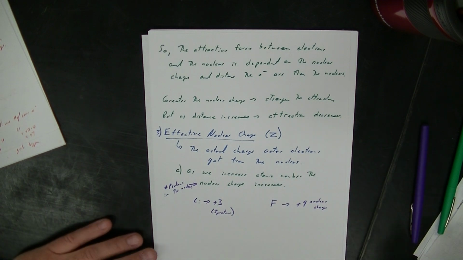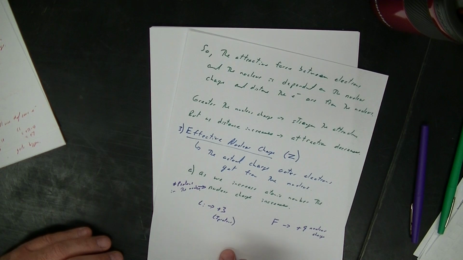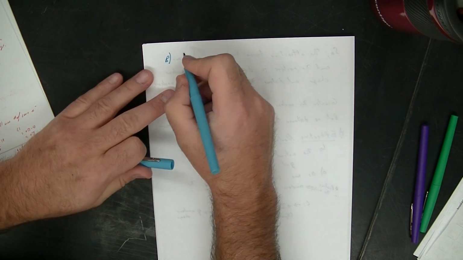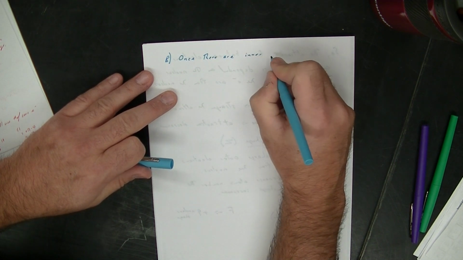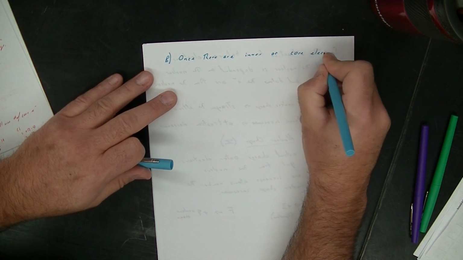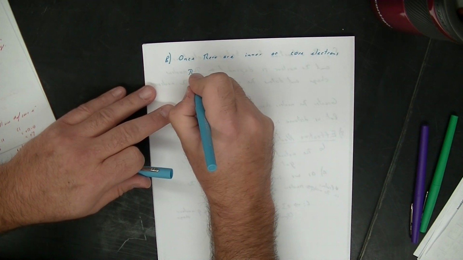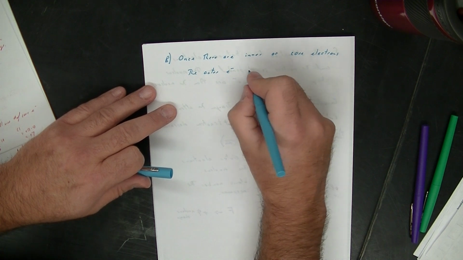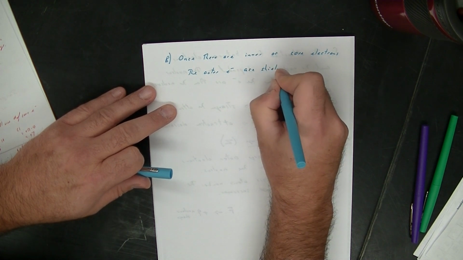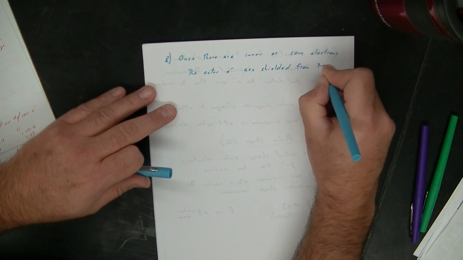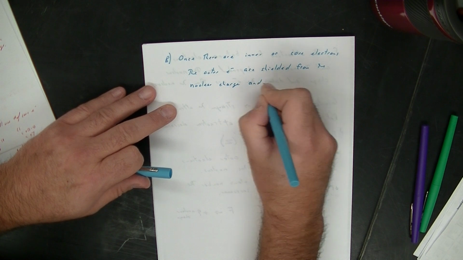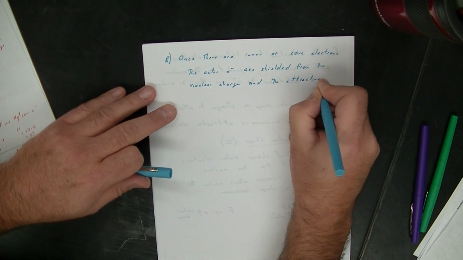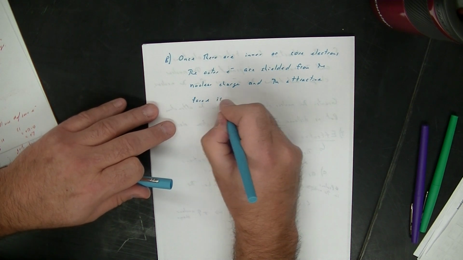Now, I want to flip over. Once there are inner or core electrons, the outer electrons are shielded from the nuclear charge, and the attractive force is less.